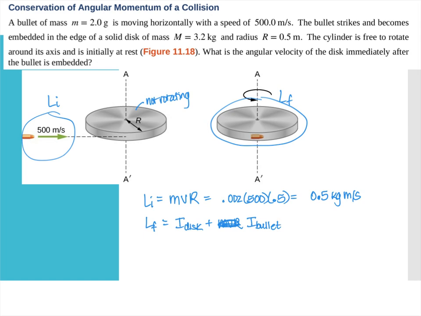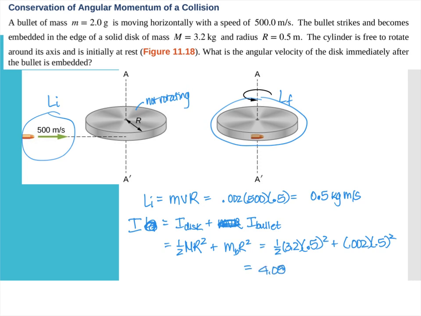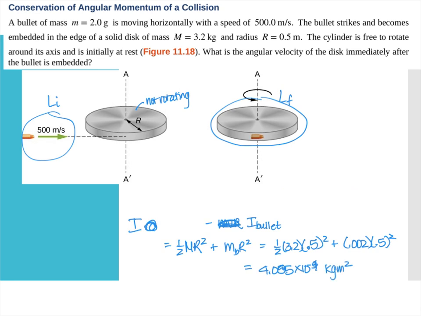What I really wanted to write was this, sorry. So this is 1/2 the mass of the disk times the radius squared plus the mass of the bullet times its radius squared. So the final moment of inertia of the system is 4.005 times 10 to the minus 4 kilograms meters squared.